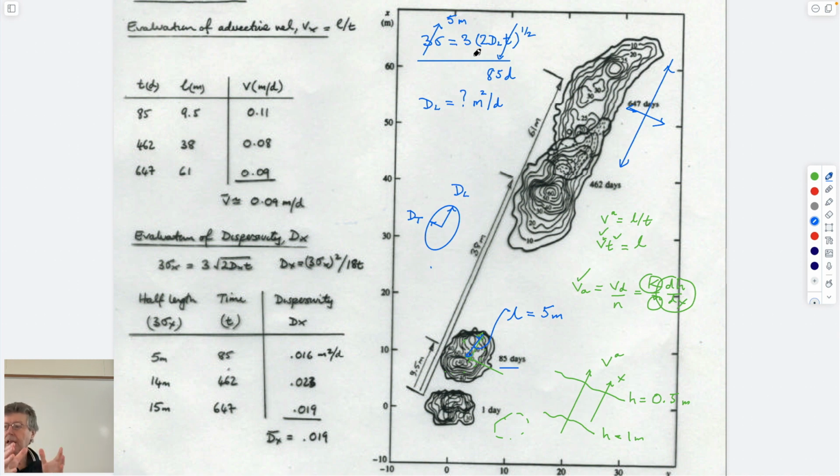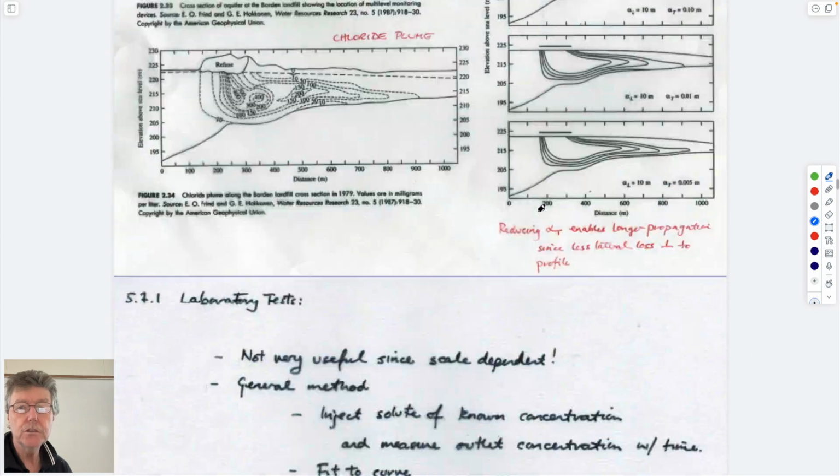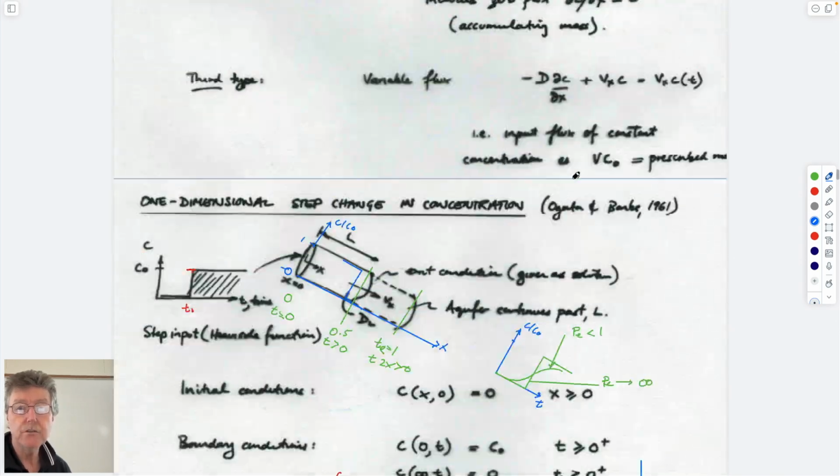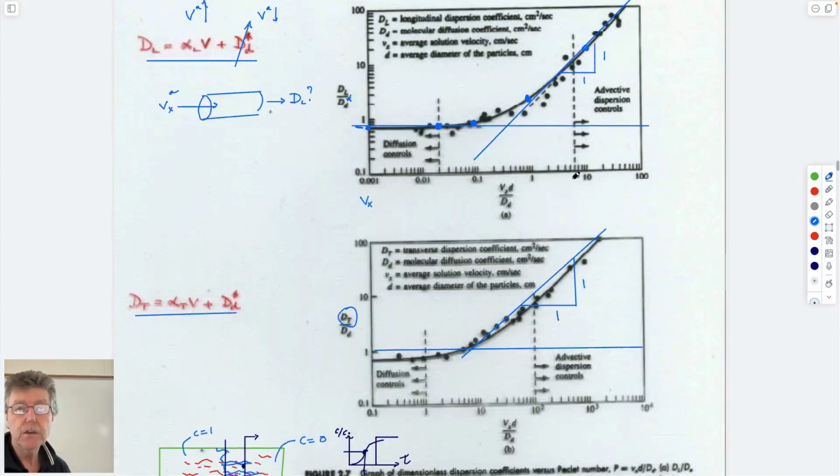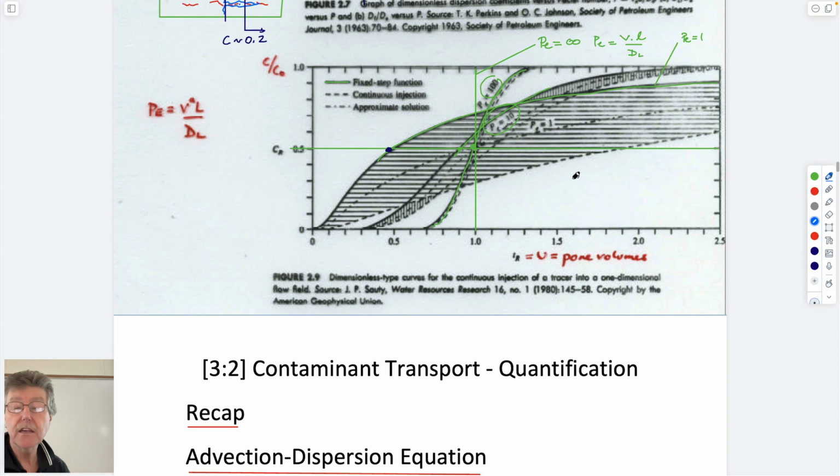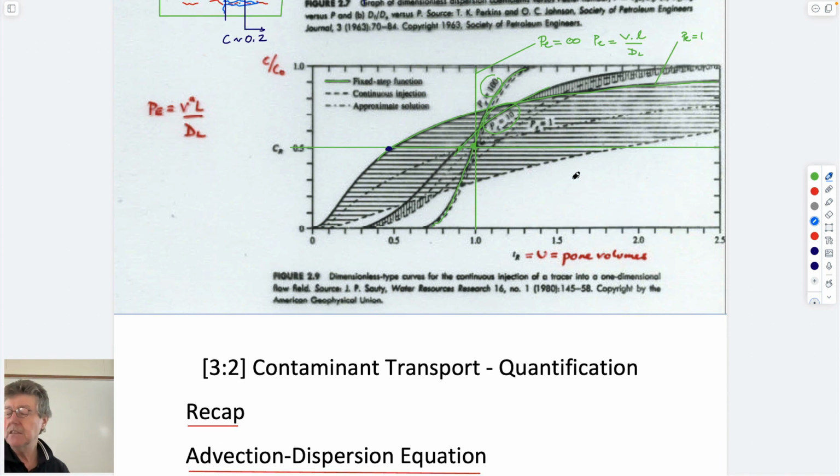A Peclet number is a number that we can calculate if we know the advective velocity and the dispersion. So we can always calculate it for our aquifer if we know those parameters. And then we can use these one-dimensional solutions. We can use the actual equation itself, or we can use what the equation looks like in terms of the arrival at a downstream compliance location.